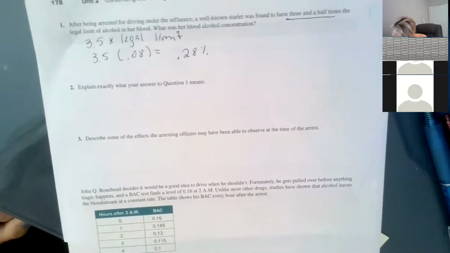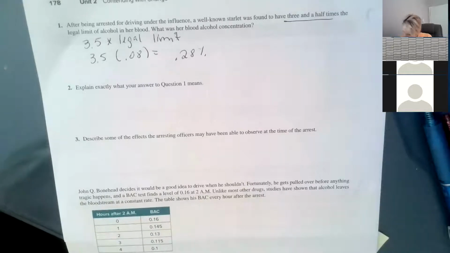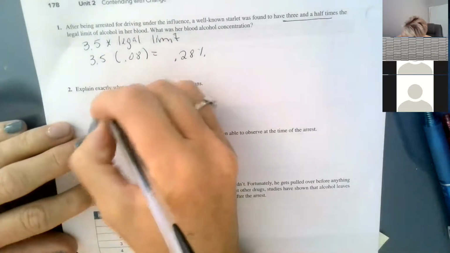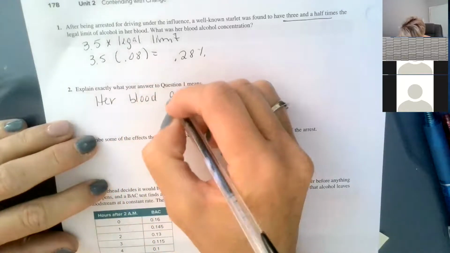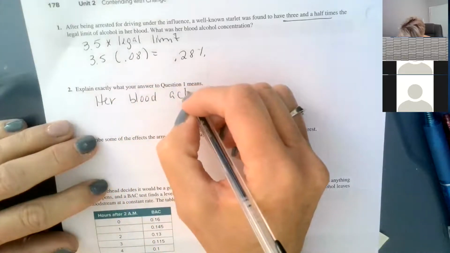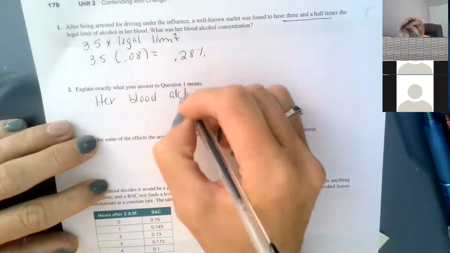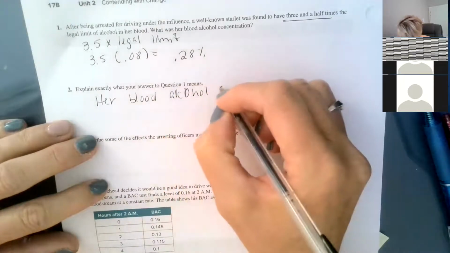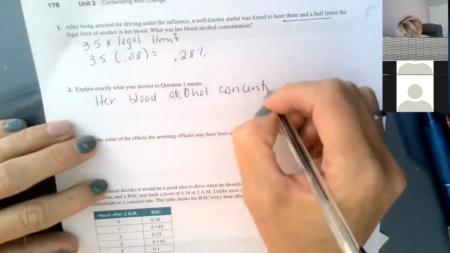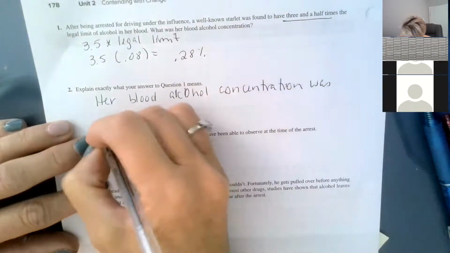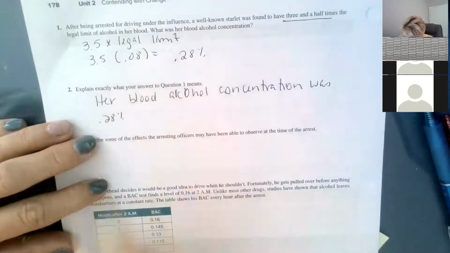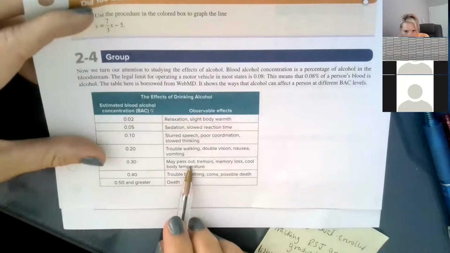And that says explain exactly what your answer to question 1 means. Blood alcohol concentration was 0.28%. And at 0.28%, she was almost ready to pass out, right?